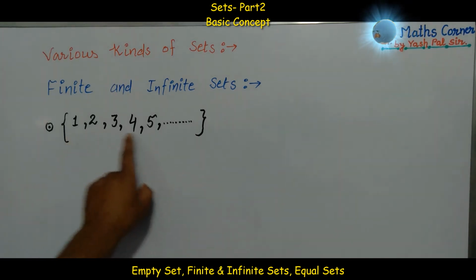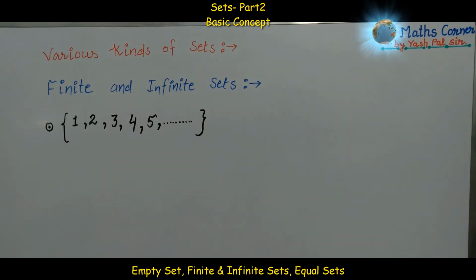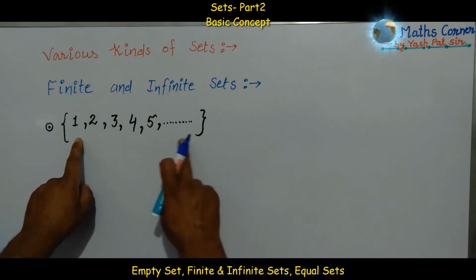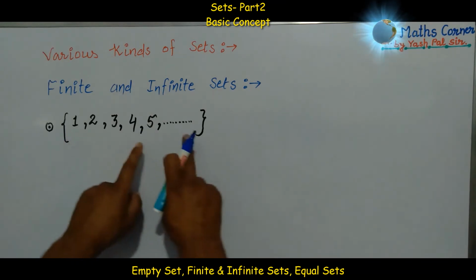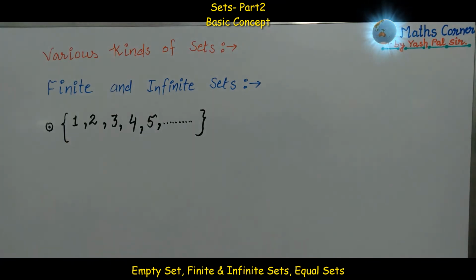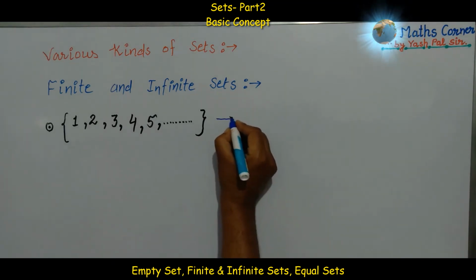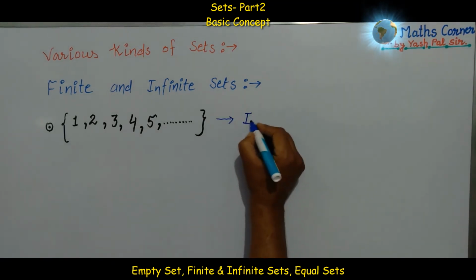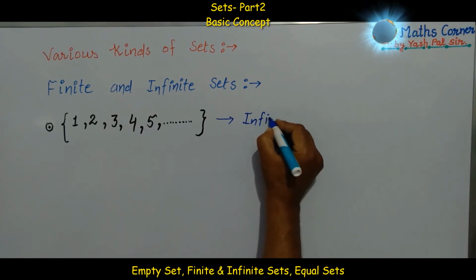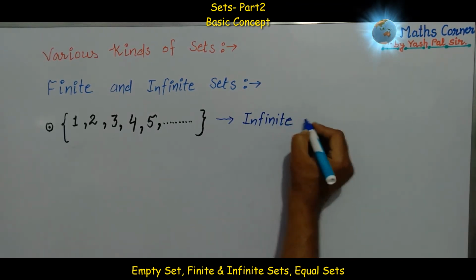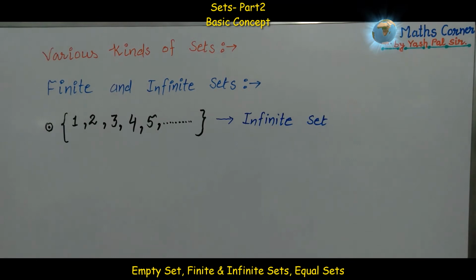How many natural numbers are there? Infinite. So first of all this is a set, because this collection is a well defined collection of objects, and this is an infinite set.